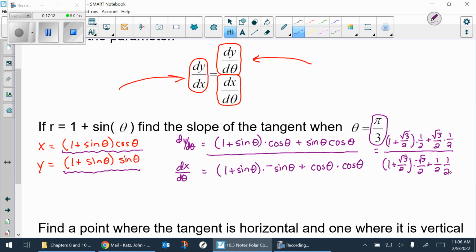If we do all of this successfully, I think we get a -1. So double check, make sure that's indeed what you get.